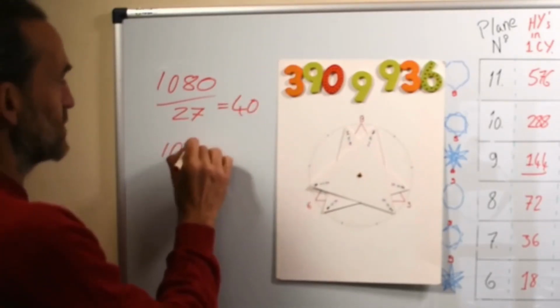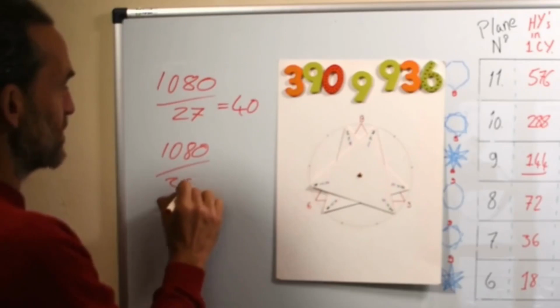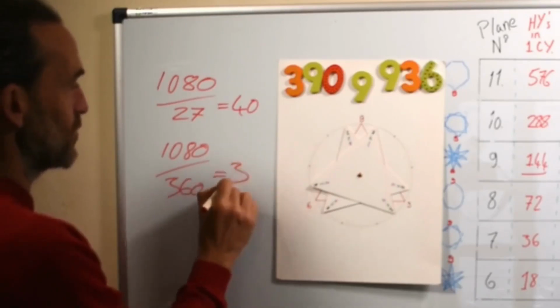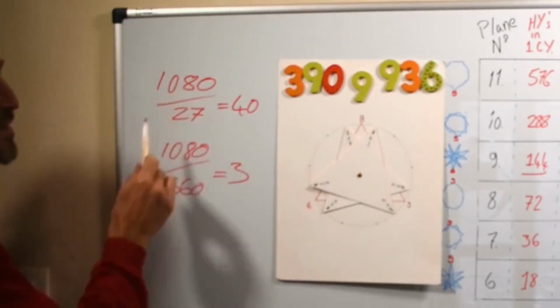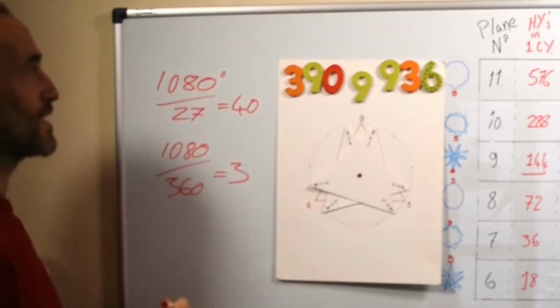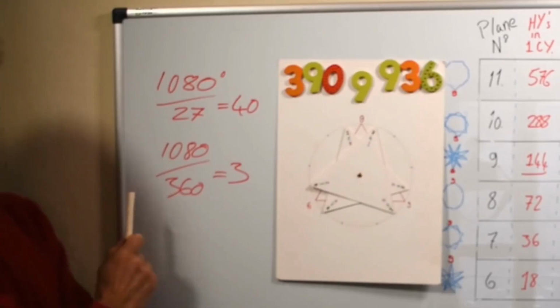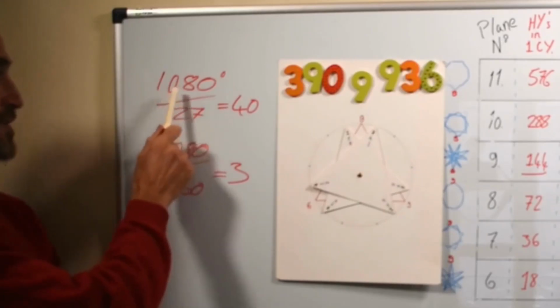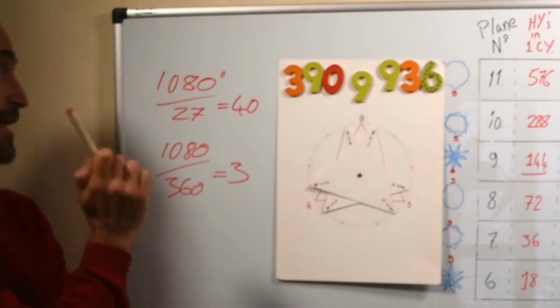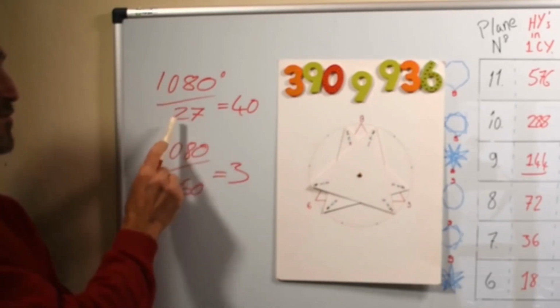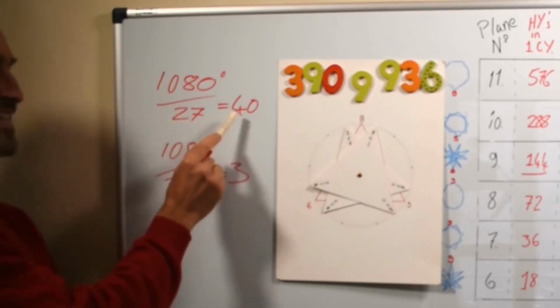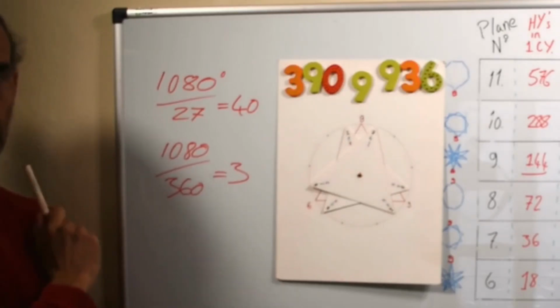And 1080 divided by 360 equals 3. So this is 3 full cycles of the celestial year. So this is 3 years. And after 3 years, the number 27 goes in exactly 40 times.